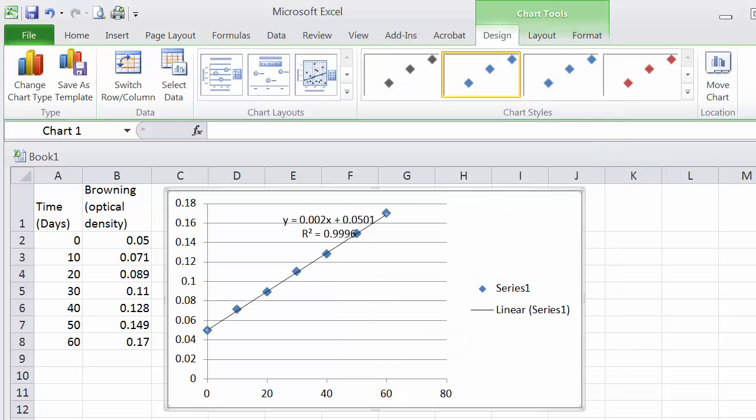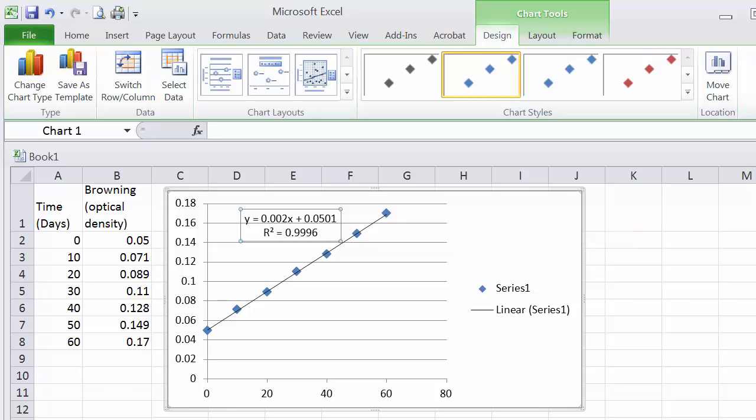So now we have the line plotted for the experimental data, and the equation along with the R-square is also shown in the graph. Note that the R-square value is 0.9996.